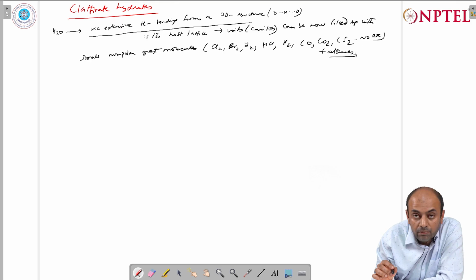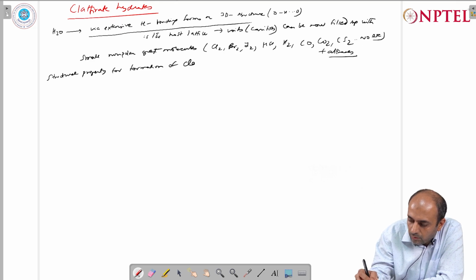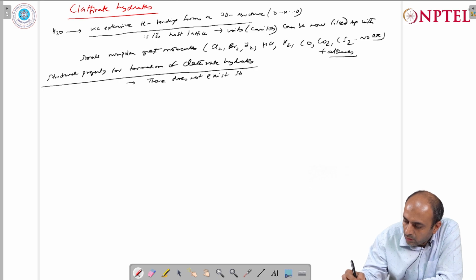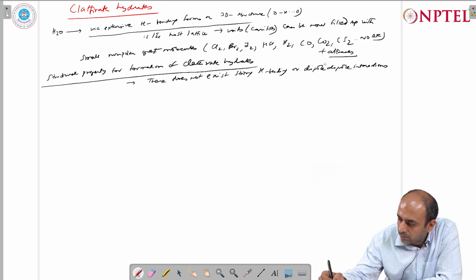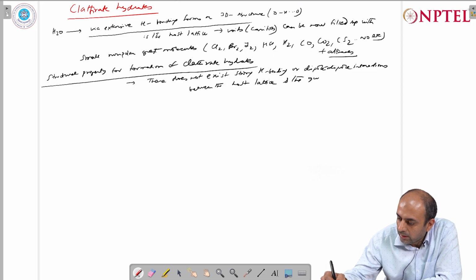And when you have the formation of these clathrate hydrates, the structural property is that there does not exist strong hydrogen bonding or dipole-dipole interactions between the host lattice and the guest molecules.